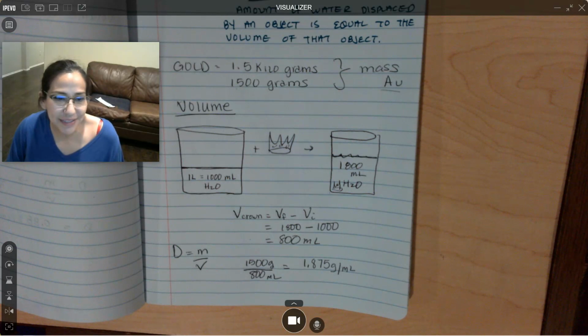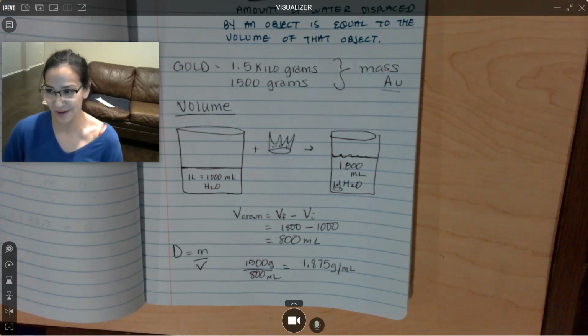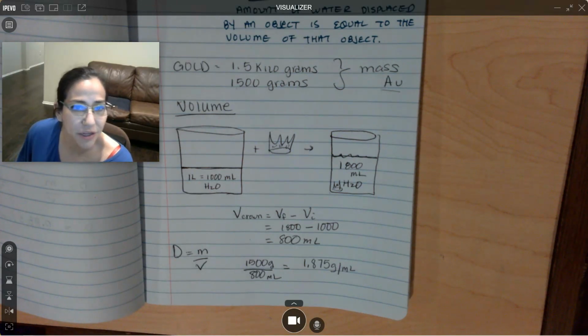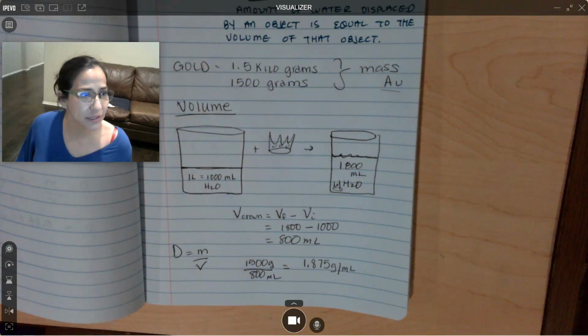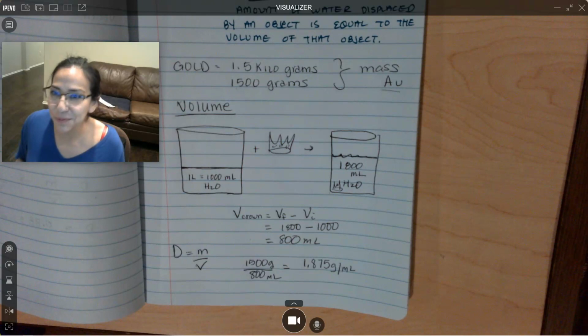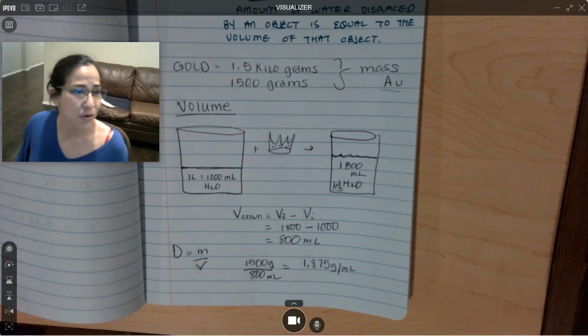All right, well, I'll tell you something right now. Gold has a density of approximately 19 grams per milliliter. 1.875, that's closer to, let's see, let's get a chart here of metals. Let's figure out what this blacksmith actually used instead of gold.